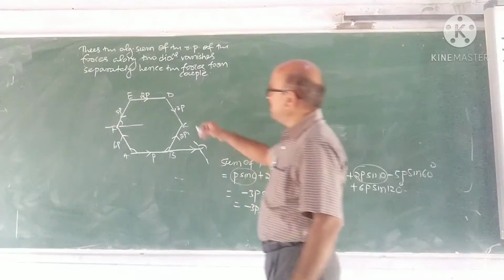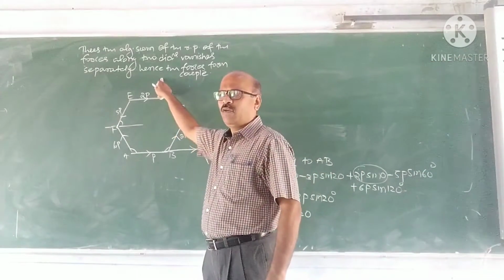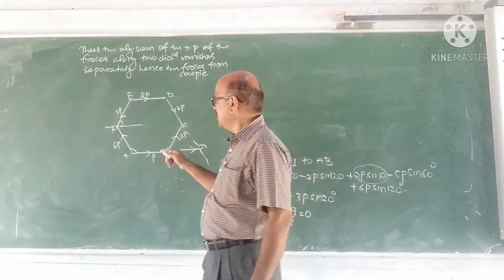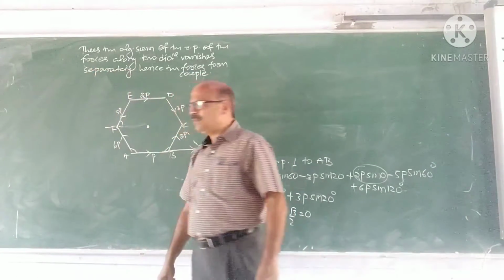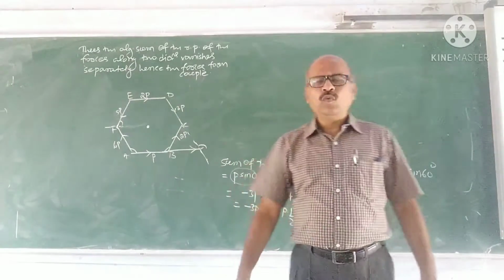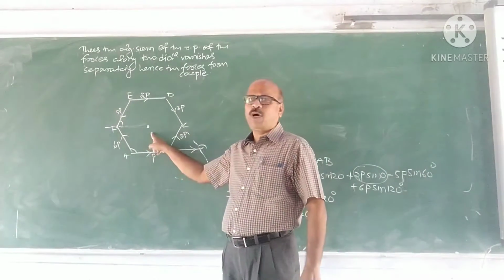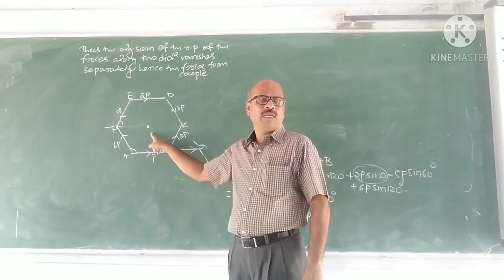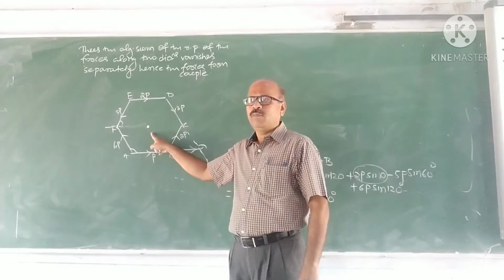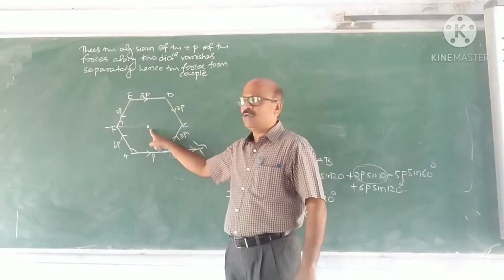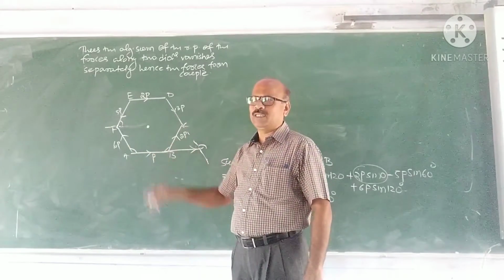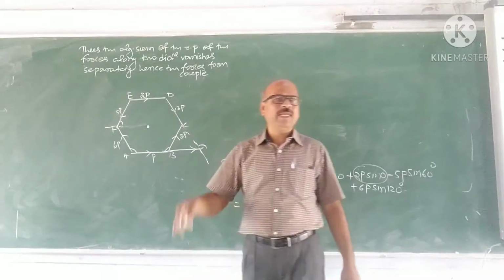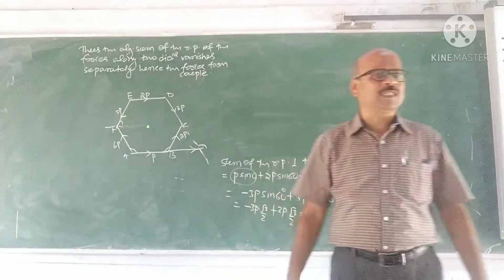Now, to find the moment, we choose the point as the center of the regular hexagon, because from the center all the sides are at the same distance, and while finding the moment we require the perpendicular distance.